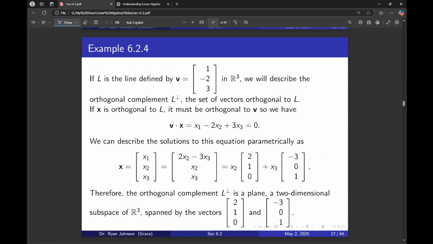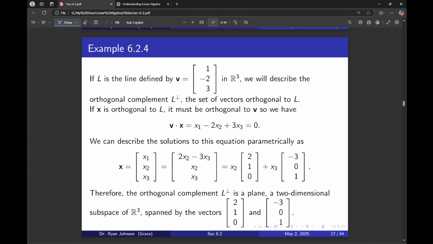All right. Now let's look at an example. So here, we've got an example where L is the line defined by 1, negative 2, 3 in R3. And we want to describe the orthogonal complement. And so the orthogonal complement is going to be all the x1, x2, x3 vectors such that this dot product is 0, which means this equation is true.